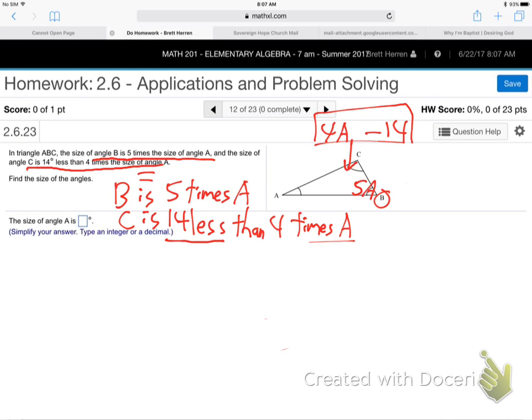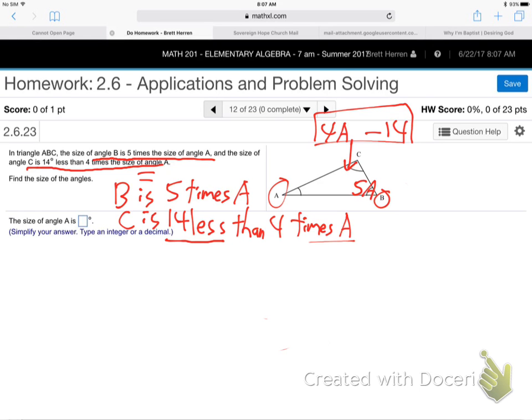All right, so we have 5 times A, 14 less than 4A, and this one's just A. And we got to know a key fact. Do you know what all the angles in a triangle add up to? Not Pythagorean, that's for the sides, we'll do that later. The angles add up to 180. That's about the only geometry fact you'll need to know.